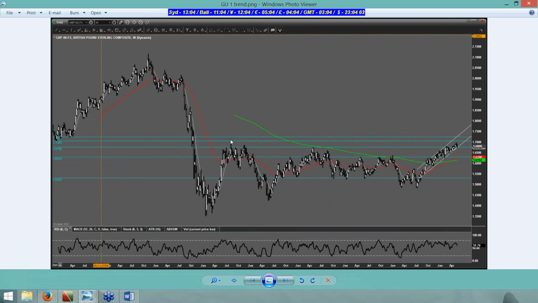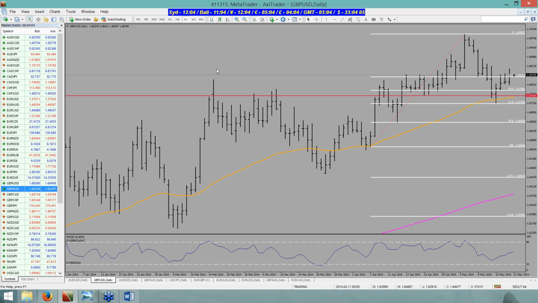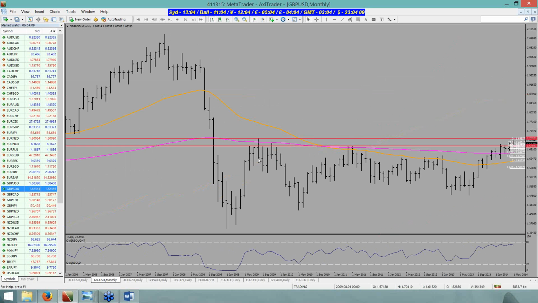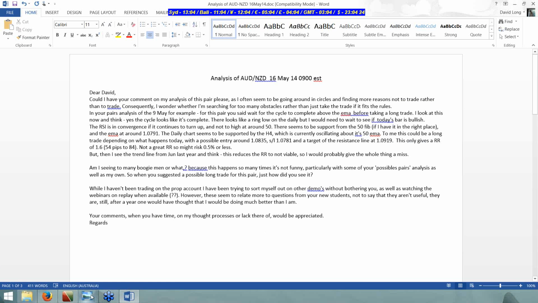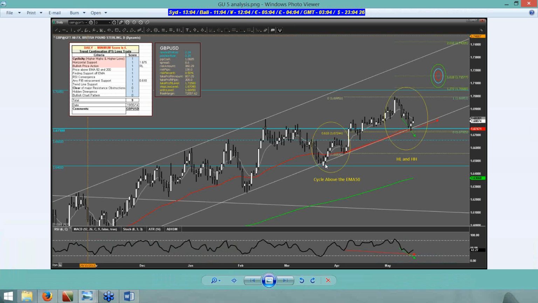It's 50 pips. I don't think it's 50 pips away. If you look at the 70.41, okay, it is 50 pips. That's sort of closer to $1.70. But anyway, it all looks good. Cool.